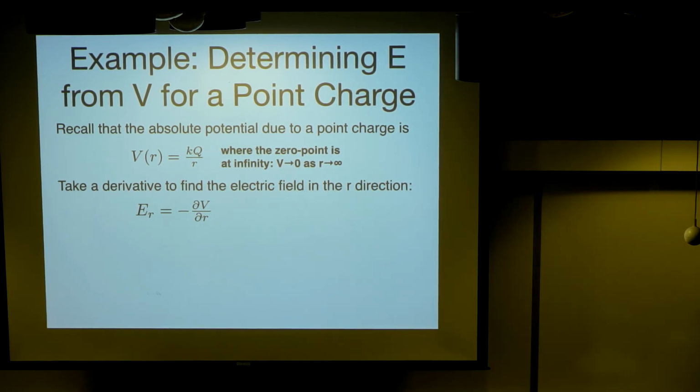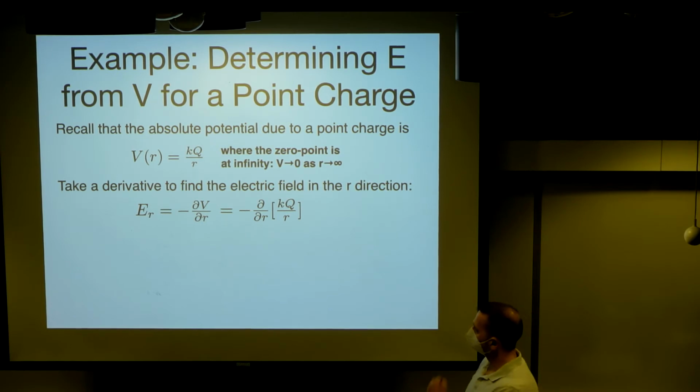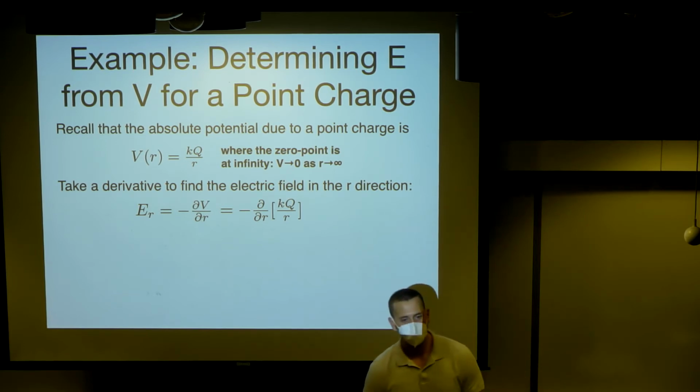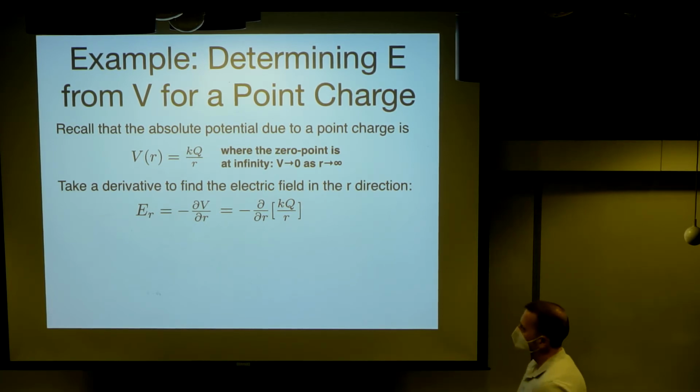Now this derivative is not too hard to do, right? I'm literally just plugging this function into here, and then we're taking a derivative. So, like always with derivatives or integrals, we can identify what constants we have. What are those constants in this case? K and Q. And those can just be pulled right out.